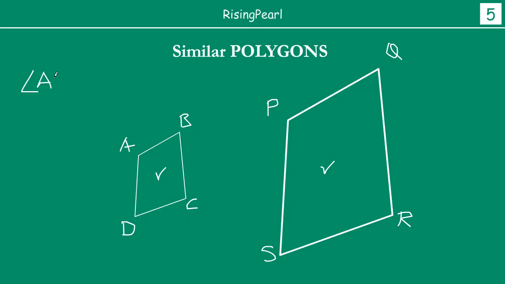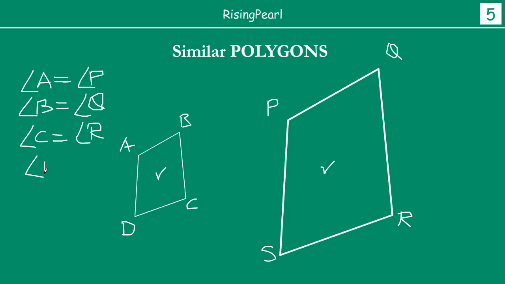That means angle A will be equal to angle P. It means that angle B will be equal to angle Q. Angle C will be equal to angle R. And angle D will be equal to angle S. So this is about the first condition, that all corresponding angles must be equal.